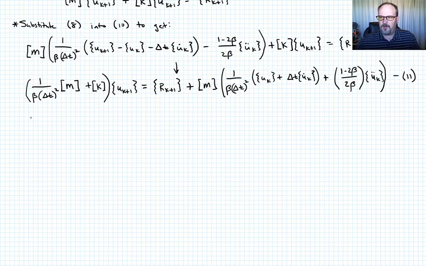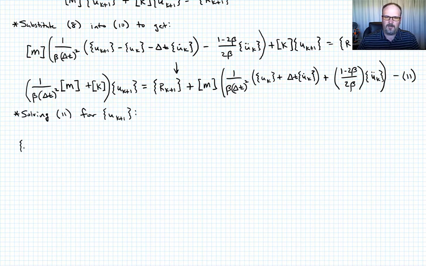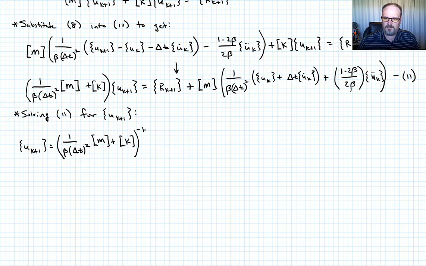Now I want to solve equation 11 for u_{k+1}. I can write then that u of k plus 1 must just be this matrix quantity inverted. So (1 over beta delta t, the quantity squared, times M plus K) inverse, and then times this whole thing, right?